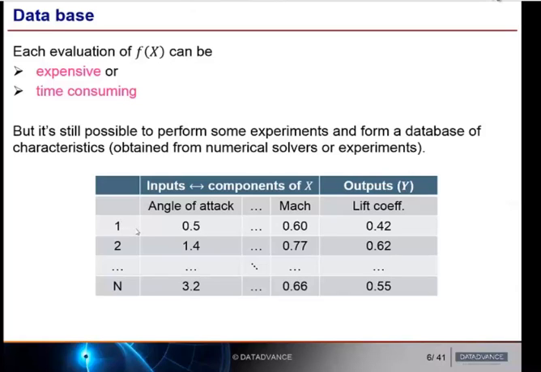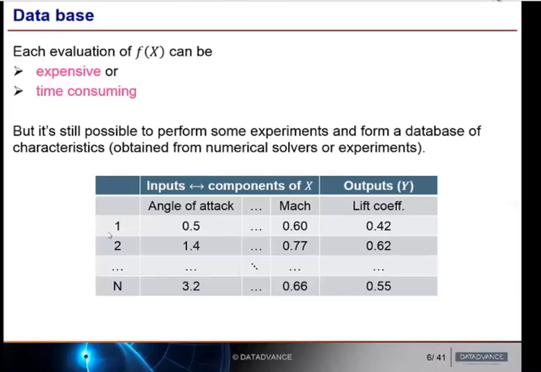And our goal mathematically is either to find the rule f hat which somehow approximates unknown rule f, or to find an object with optimal, in some sense, maximal or minimal value of characteristic y. And the question here is, are there any alternatives to direct computation of f?